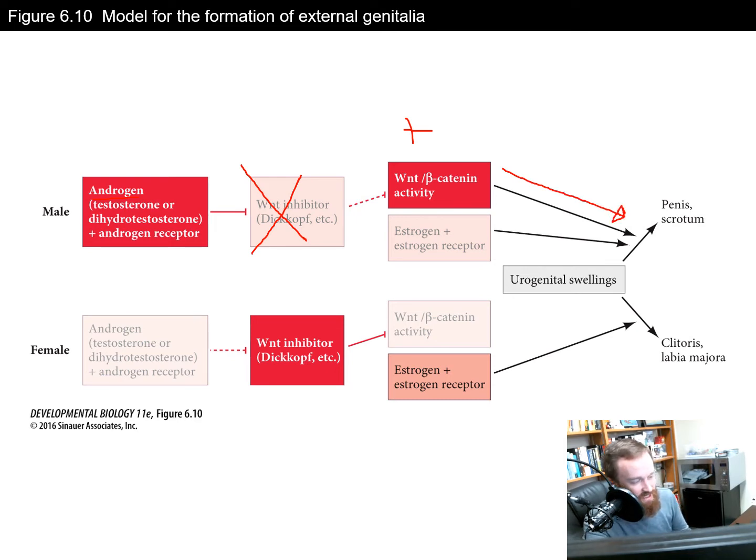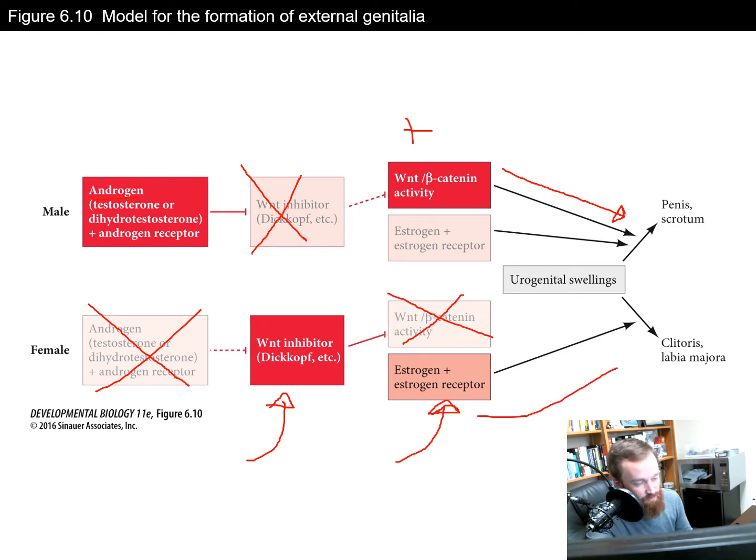Now in females, we don't have androgens, so testosterone and dihydrotestosterone aren't present, and we don't have androgen receptors. So there's nothing to block the WNT inhibitors. If there's nothing to block those inhibitors, they will stop WNT and beta-catenin activity, and it will allow for estrogen and the estrogen receptors to be active, and that will lead to the development of the clitoris and the labia majora.